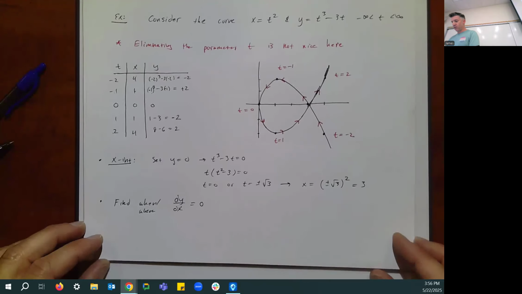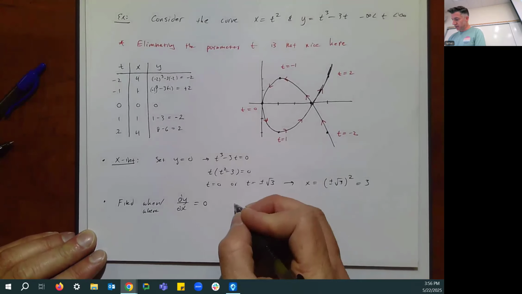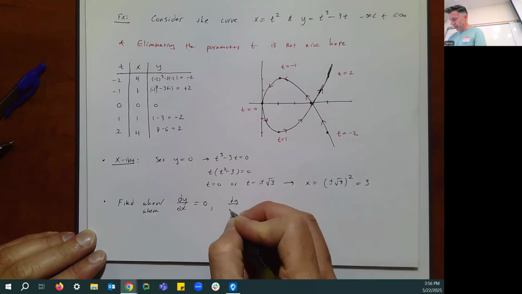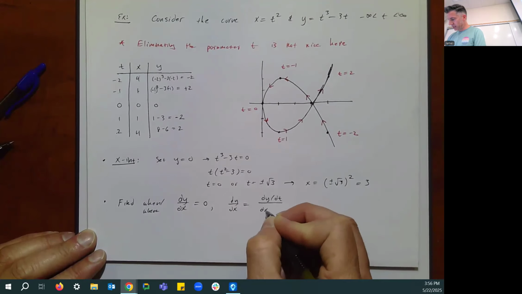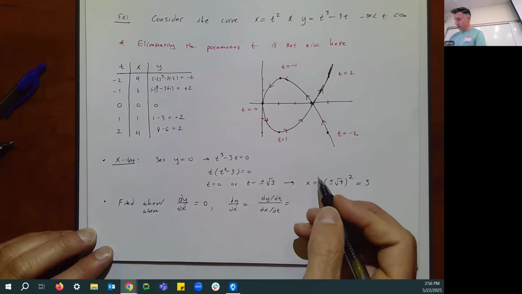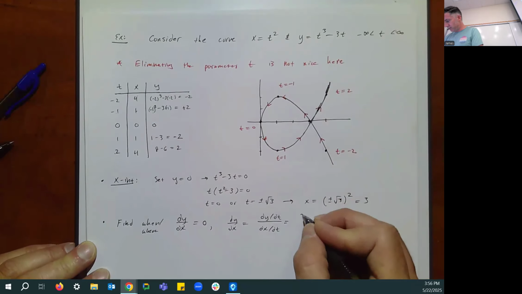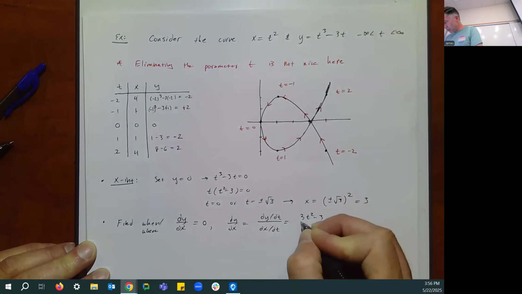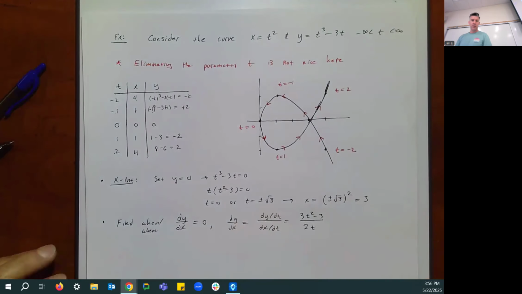So back to this, I'm going to find when and where dy dx equals 0 by first finding dy dx. So dy dx is equal to dy dt over dx dt, which is going to be 3t squared minus 3 over 2t.